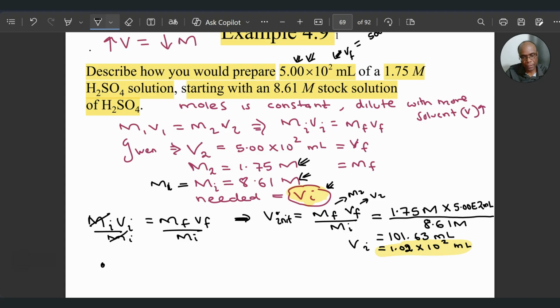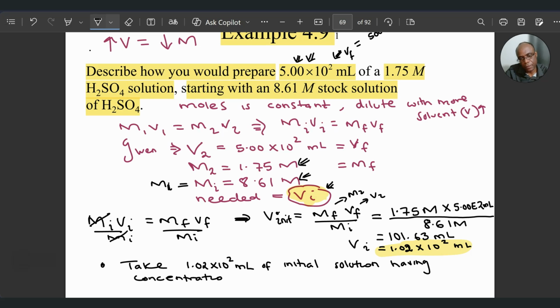So to prepare this, I'll take 1.02 times 10 to the power 2 ml of initial stock solution having concentration of 8.61 molar.